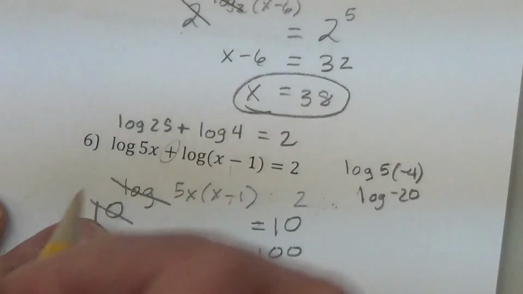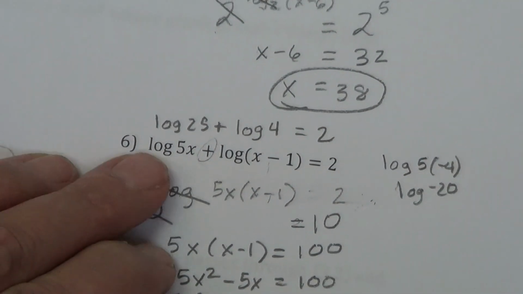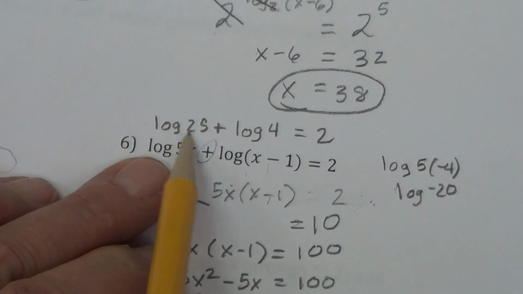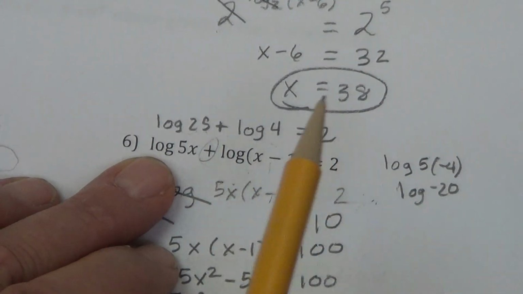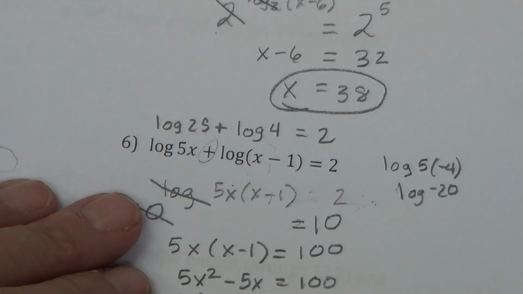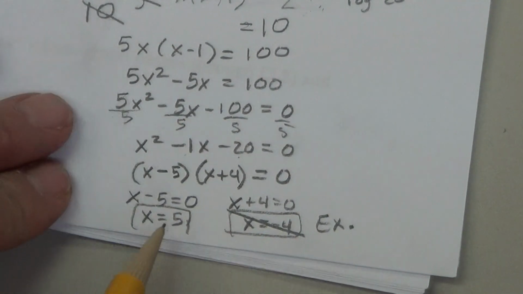When you come in, grab a calculator and type in log 25 plus log 4 and see if it equals 2. If so, then you're in good shape. Otherwise, that's also an extraneous solution.